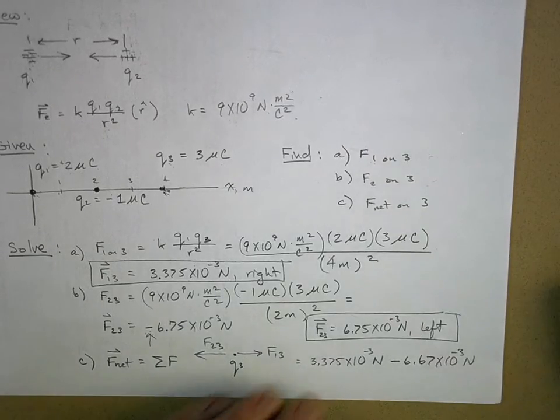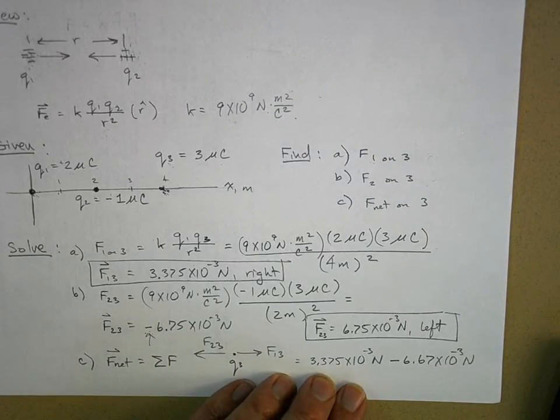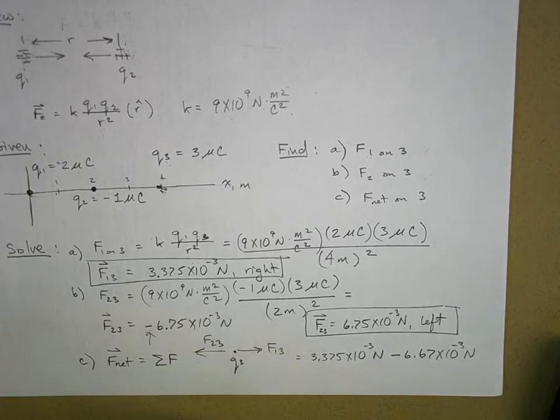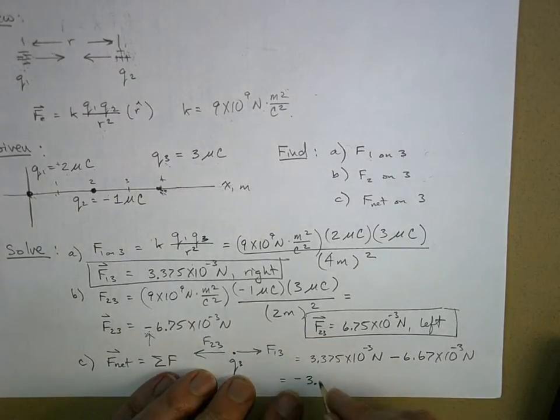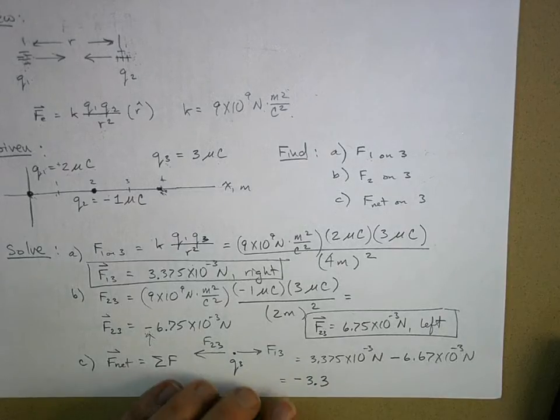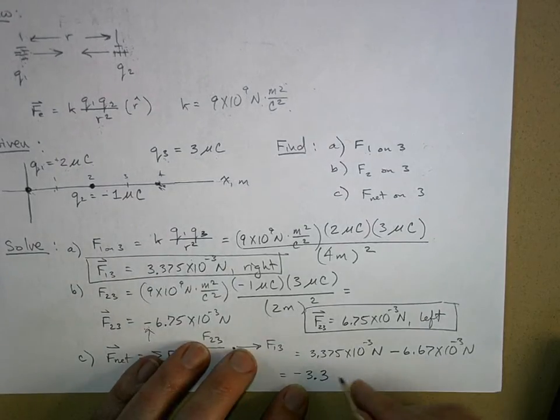So when I add those together, I get negative, I'll just call it 3.3, negative 3.3 times 10 to the negative 3 newtons.